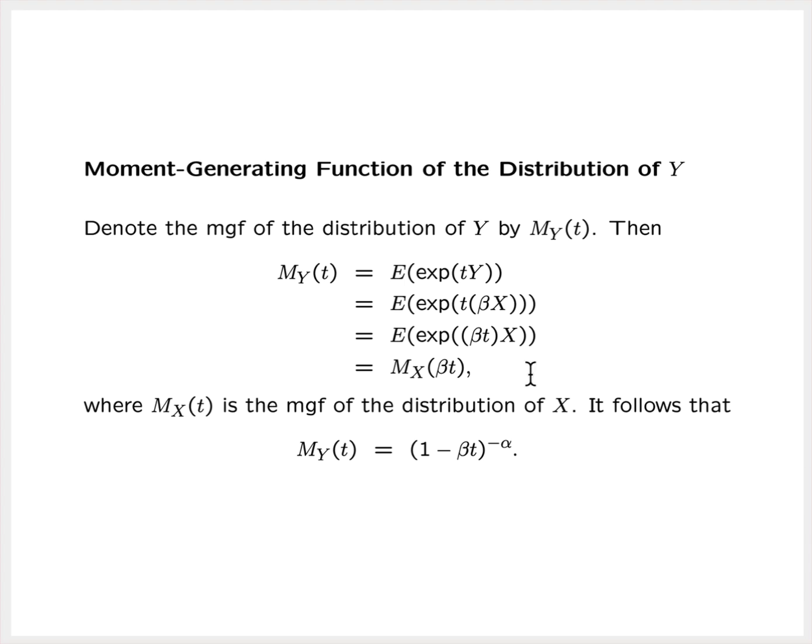Since we're evaluating this moment generating function of x not at t but at beta t, this expression turns out to be 1 minus beta t raised to the negative alpha power. And so this is the expression for the moment generating function of the general gamma distribution.